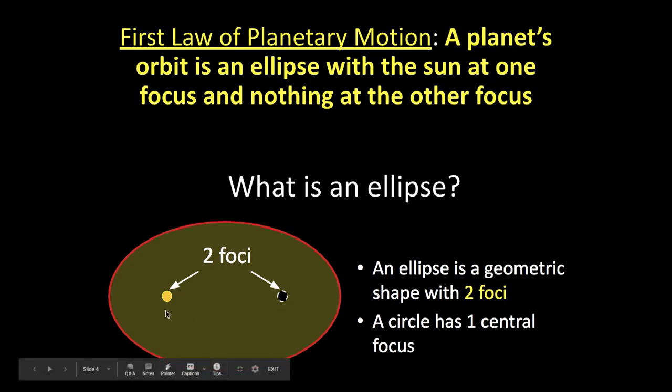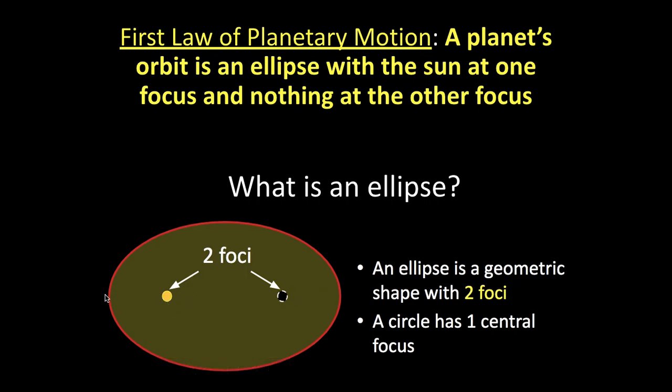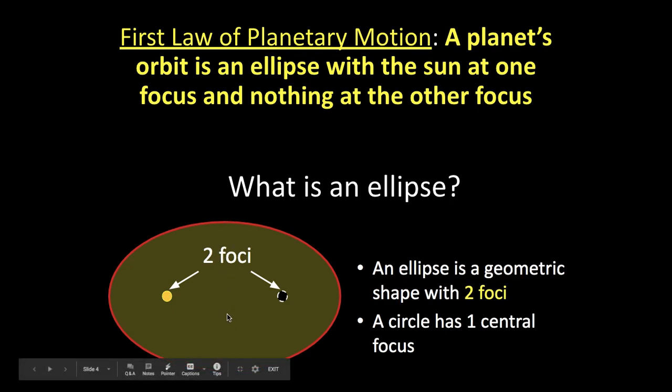A focus is sort of in the middle of the ellipse if you cut it long this way. Hot dog style, I guess. It's in the middle this way, and then they are symmetrically distant from one another if you cut the ellipse in half this way.